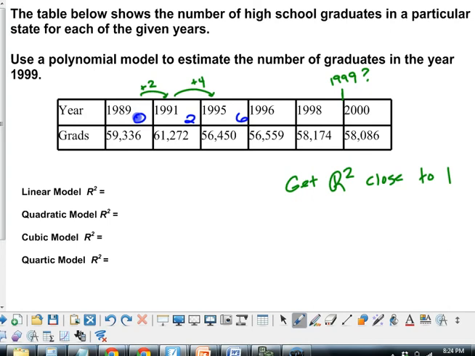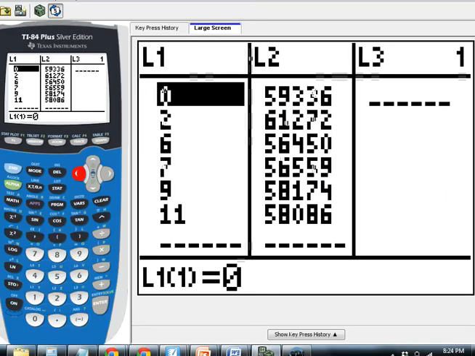From 1989 to 1996 would be 7. From 1989 to 1998 would be 9. And then from 1989 to the year 2000 would be 11. So we're going to count those as our x-coordinates instead of actually typing in the years. Again, the numerical value of the years really doesn't make any sense to the problem, so we start off with 0 being our first year, and we go from there.